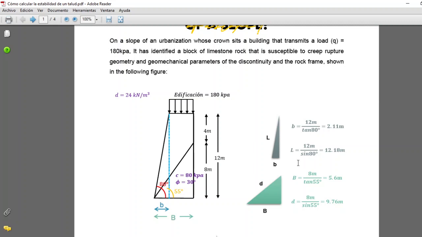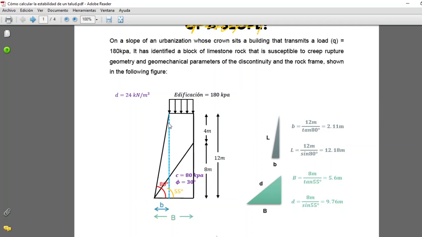And to calculate L, we need to divide 12 meters by the sine of 80 degrees, and we have 12.18 meters.